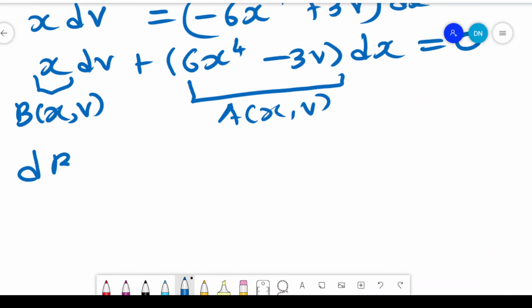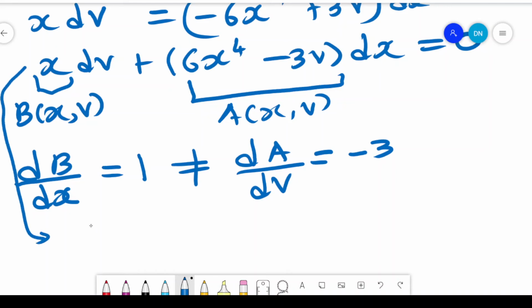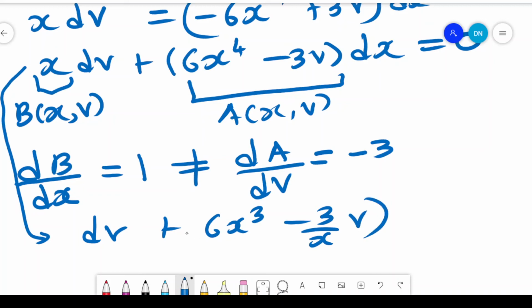So dB/dx = 1 is not equal to dA/dv = -3. They are not equal, and so the equation is not exact. Now, to make it easier, I can write this as dv + (6x^3 - 3v/x) dx = 0.